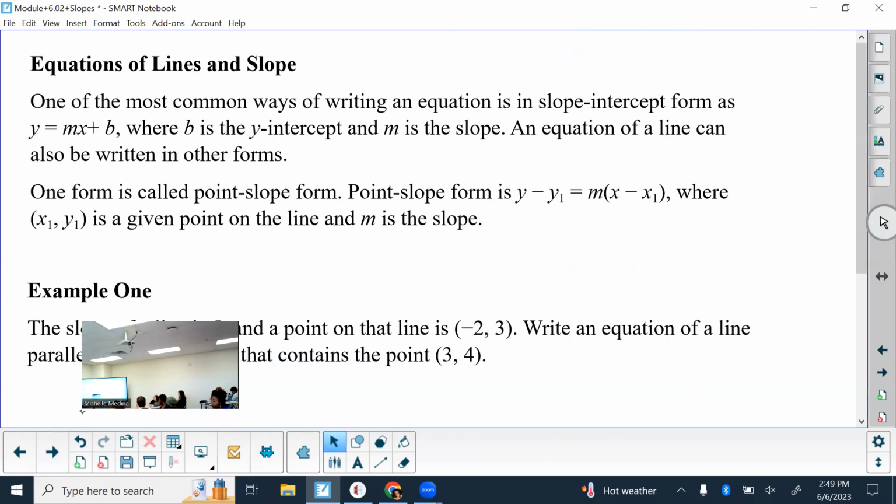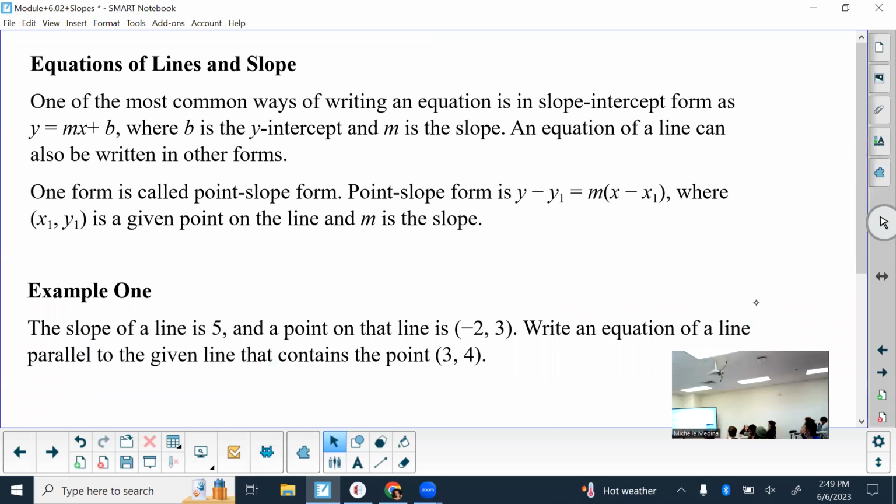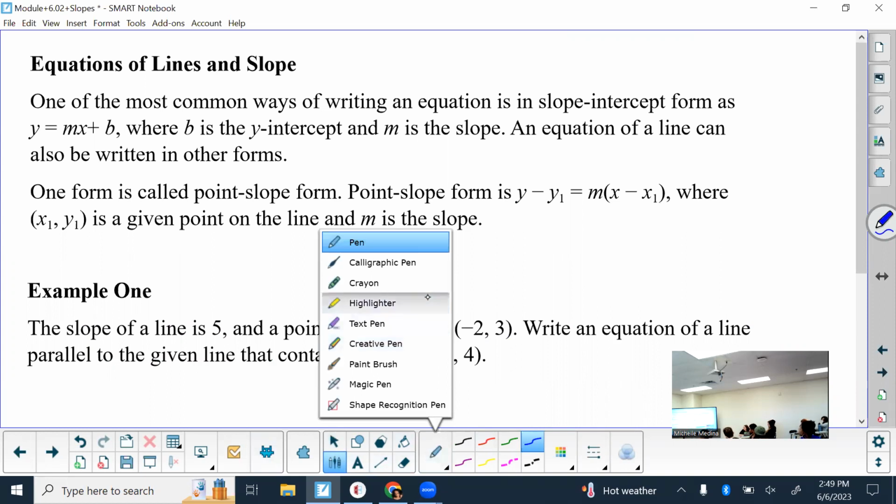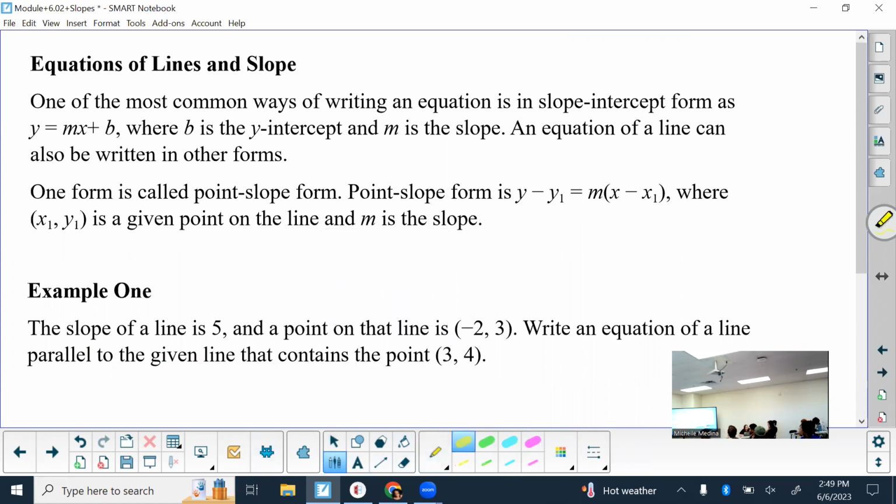Okay. So equations of lines and slope. You're probably familiar with slope-intercept form. If not, star and highlight it. That's y = mx + b. And we call it slope-intercept form because you can clearly see two things. What's one of those things you can see, when there's numbers in it?